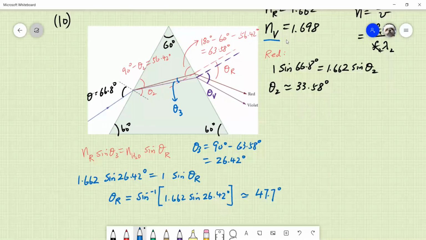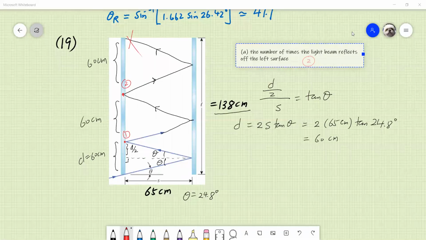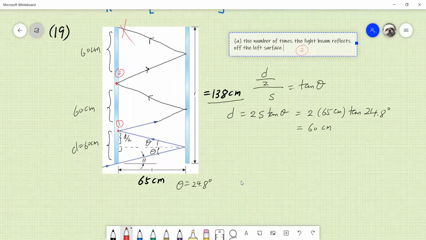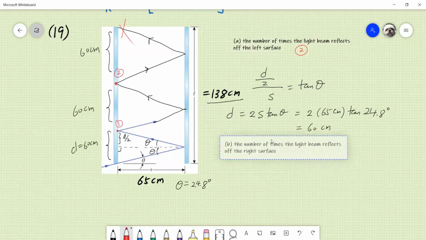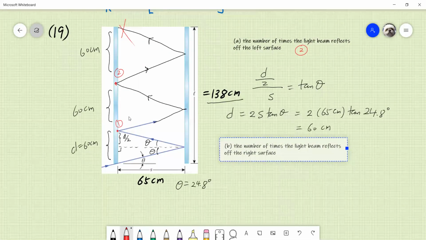Now the next one will be the left side. I can look at it here again. Here is 30, here is 60.